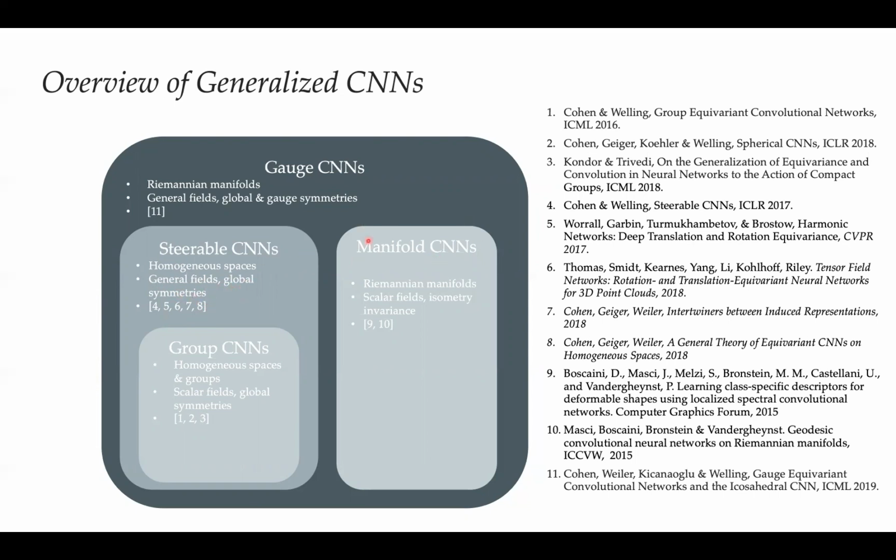On the other hand, we have manifold CNNs that work on arbitrary Riemannian manifolds and can deal with scalar fields, and they have, as Michael was explaining, invariance to isometries.